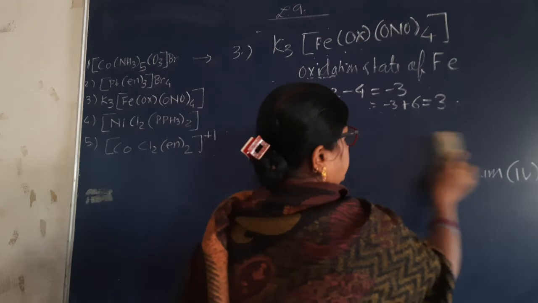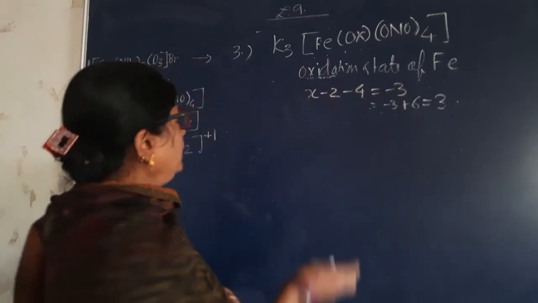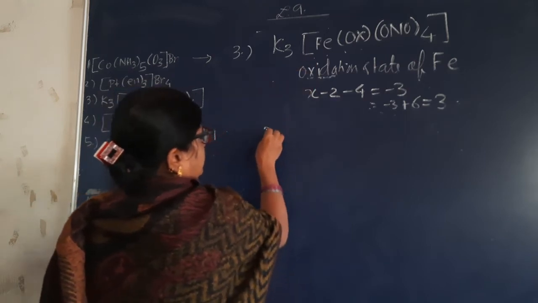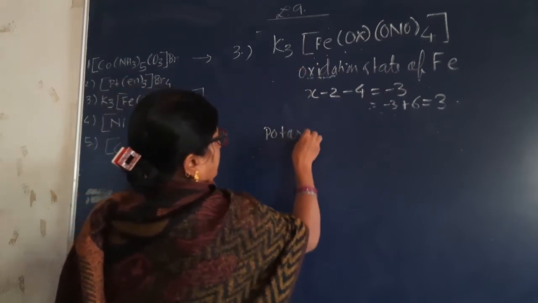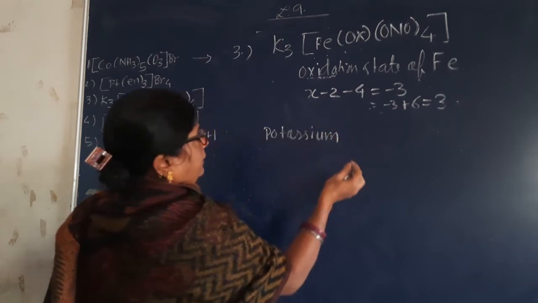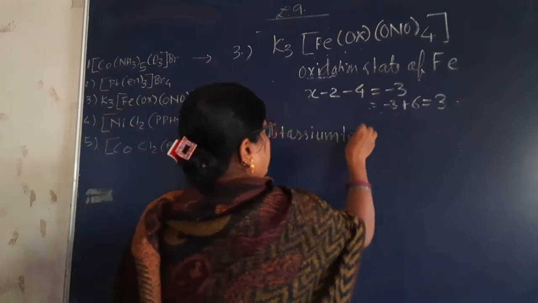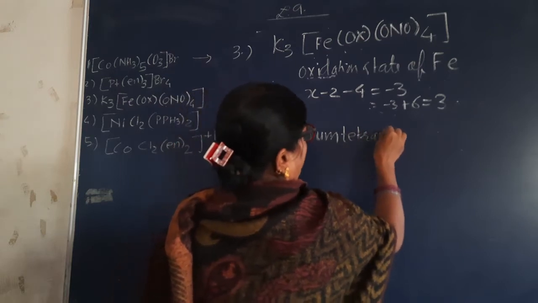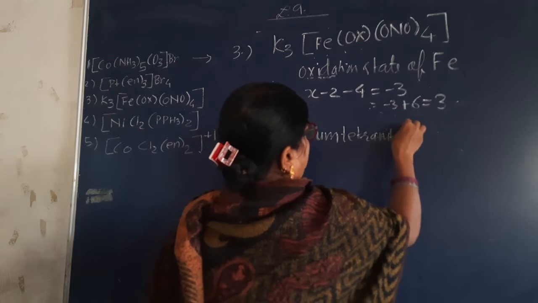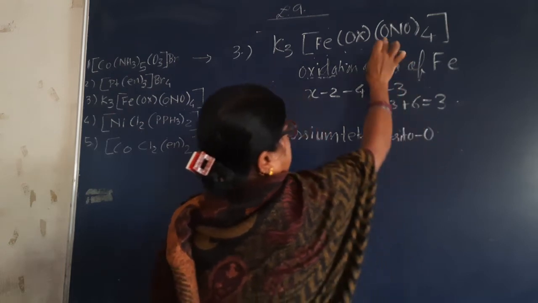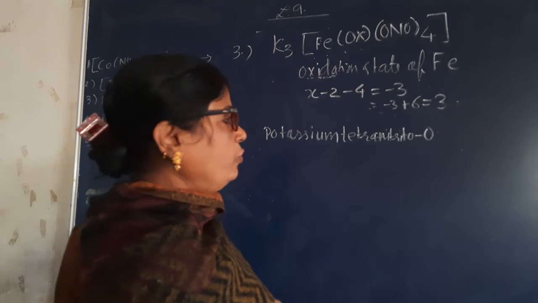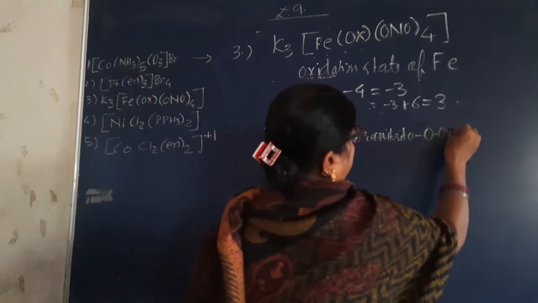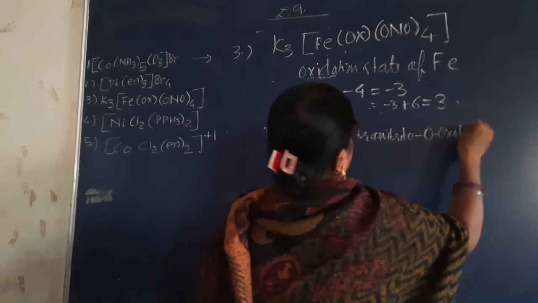So we will simply write here the names of the ligands. First we will write potassium. This time we will start with potassium. Then tetranitrito-O, because it is bonded through the O side, then oxalato, then ferrate.